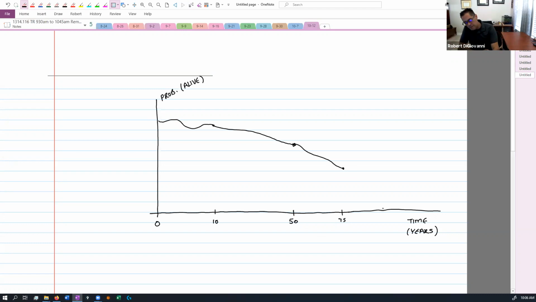Let's go to 100. What's the probability that a human lives to be 100? Lower than 75, right? Would you agree? Definitely lower than 75. It's probably going to start dropping off pretty quick here. And I haven't even talked about people in different regions of the world, because lifespans vary depending on where you are.